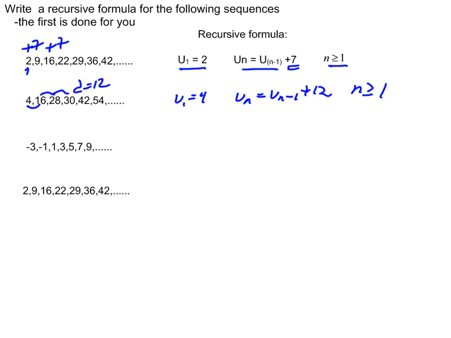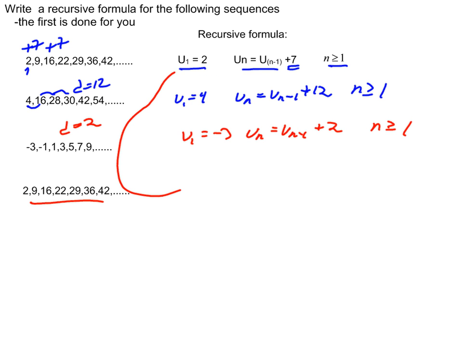Next one, U sub 1 is equal to negative 3. Negative 3 to negative 1, negative 1 to 1, 1 to 3. We can see that that common difference is 2. It's going up by 2 each time. So U sub n is equal to U sub n minus 1 plus 2. Last one turns out to be the same as the first one, so it's actually just going to be this one right here.